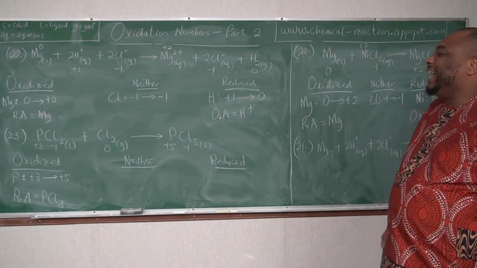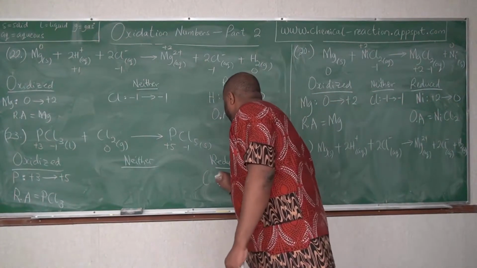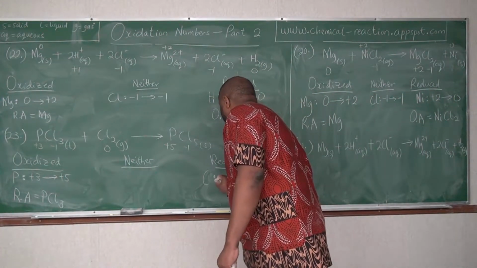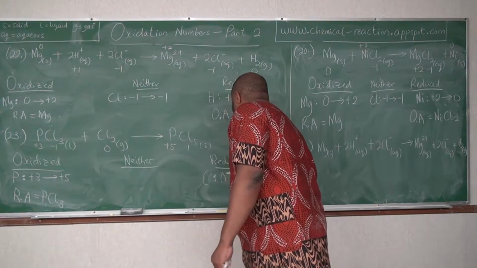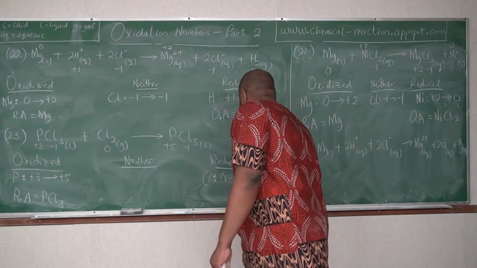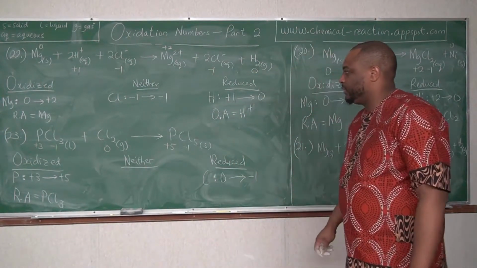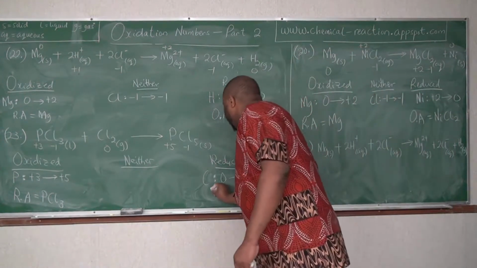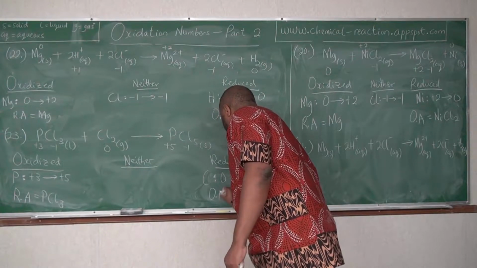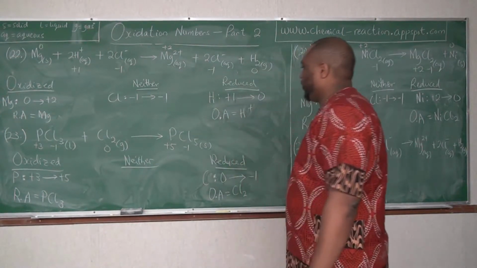Then reduced is the chlorine gas. Chlorine is reduced from 0 to -1. So what is the oxidizing agent? The oxidizing agent is the chlorine gas.